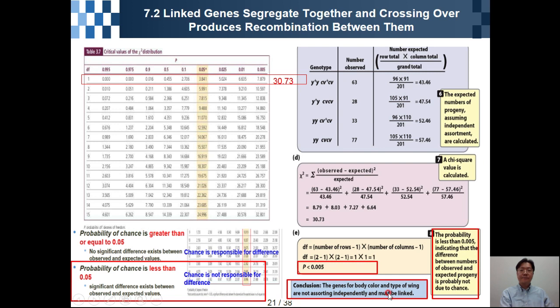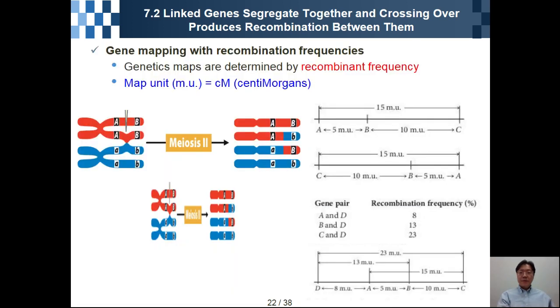In this slide, I will explain how to construct the genetic map. We can construct the genetic map based on the recombinant frequency. For example, in these cases, A and B are linked to each other, and the distance between A and B is far.